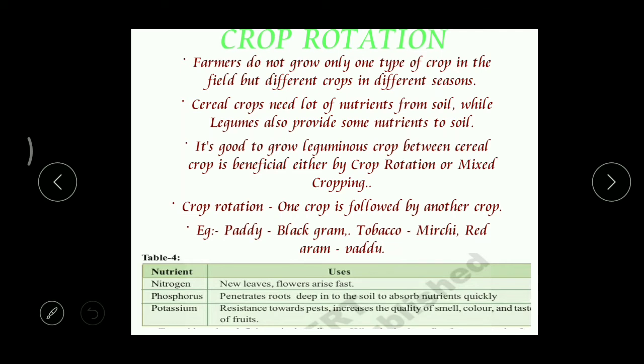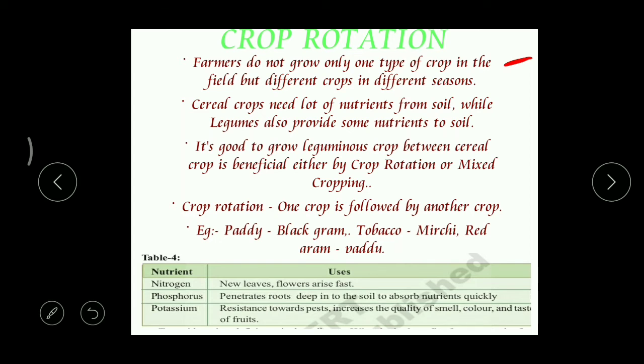That method is called crop rotation, or a rotation of crops. So here farmers do not grow only one type of crop in the field, but different crops in different seasons. Different seasons means one after the other.